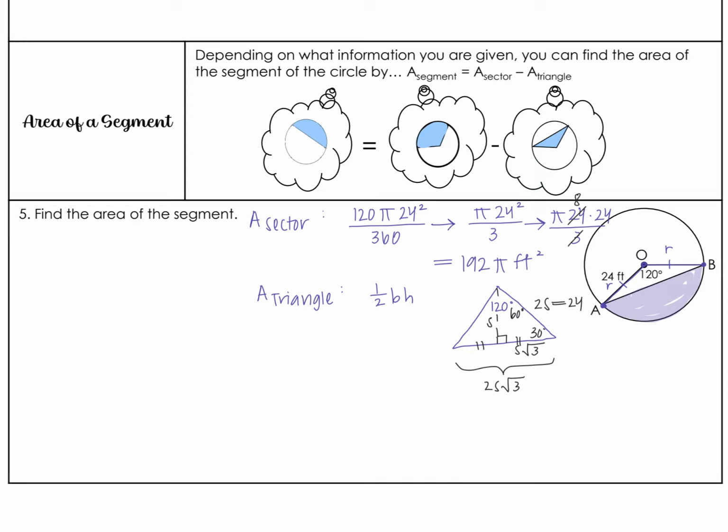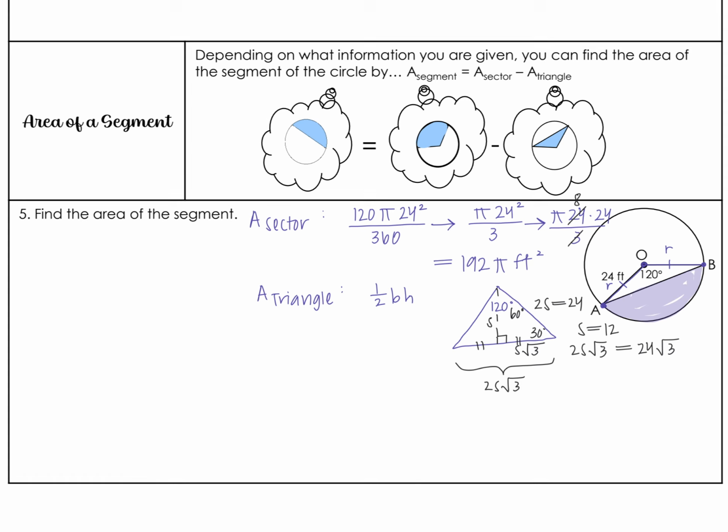All right, so since I know that 2S is equal to 24, I can say that my S is going to be equal to 12. And then plugging in down here, my 2S root 3, my base, will be equal to that 24 root 3. So with that being said, I'm going to come back over here to my area formula.